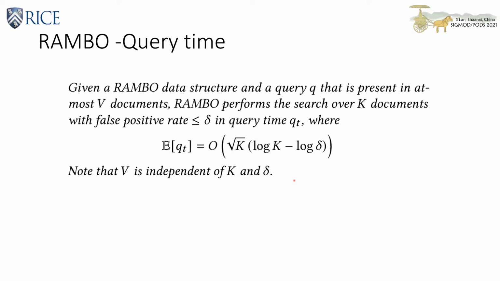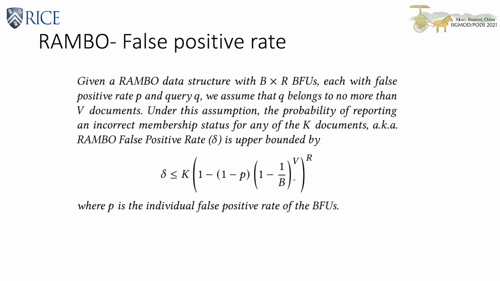This is indeed better than the linear query time in array of Bloom filter. Given the parameters number of repetitions R, number of partitions B, and Bloom filter false positive rate P, we can actually upper bound the RAMBO false positive rate as this.